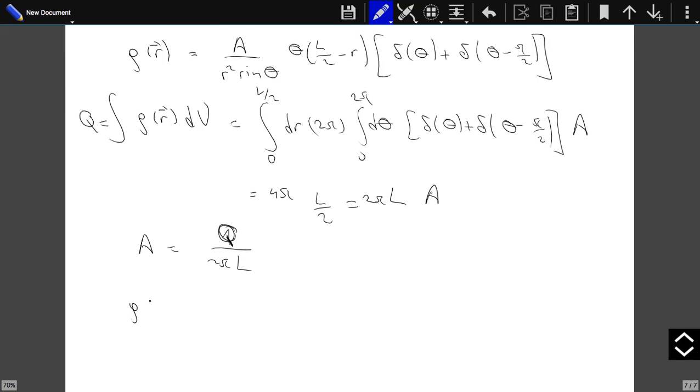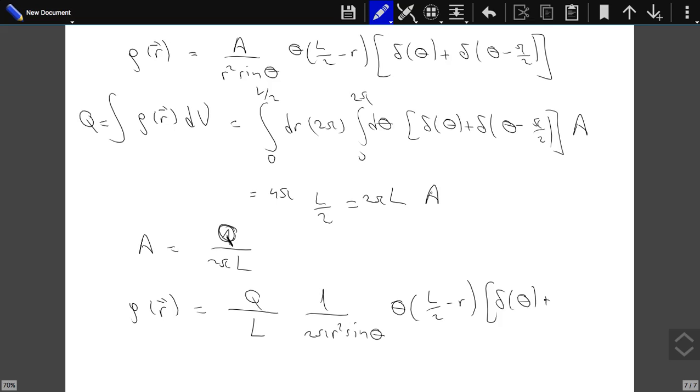And rho of r would be Q over L, 1 over 2 pi r squared sine theta. Well, I wouldn't use spherical coordinates for this charge density. But if you insist on using this, that would be the form.